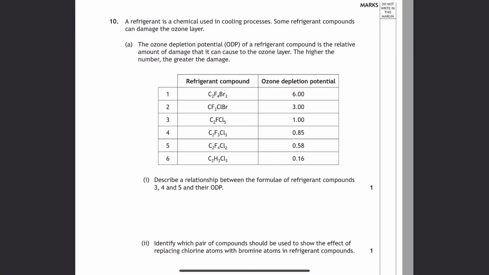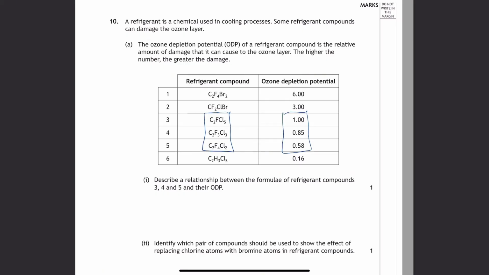So then question 10, a refrigerant is a chemical used in a cooling process. Some refrigerant compounds can damage the ozone layer. Describe the relationship between the formulae of the refrigerant compounds 3, 4, and 5 and their ODP. So 3, 4, and 5. We're wanting to look at how their structure is changing.